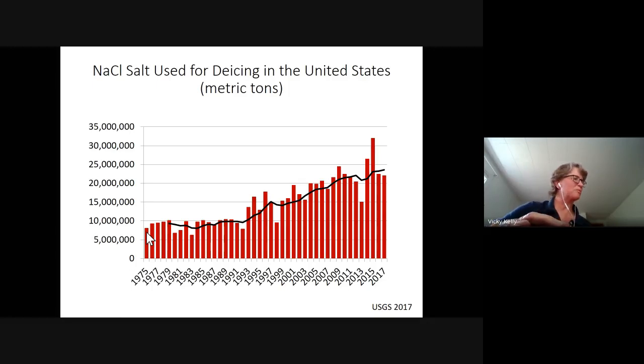And remember that term from 1940, 150,000 metric tons. So that would have been down around zero. Since the 1970s, there's been a steady increase in the total amount of salt used, and it's more or less doubled since then to about between 20 and 30 and sometimes more than 30 million metric tons of salt. So we're using a lot of salt.